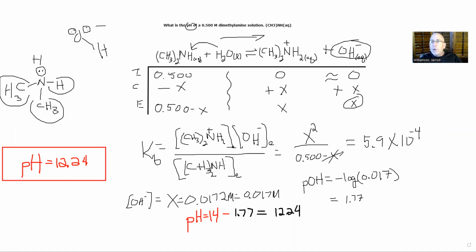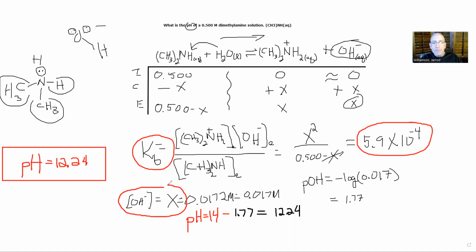You have to remember that what you're calculating here is Kb, and what you're getting for x is hydroxide.